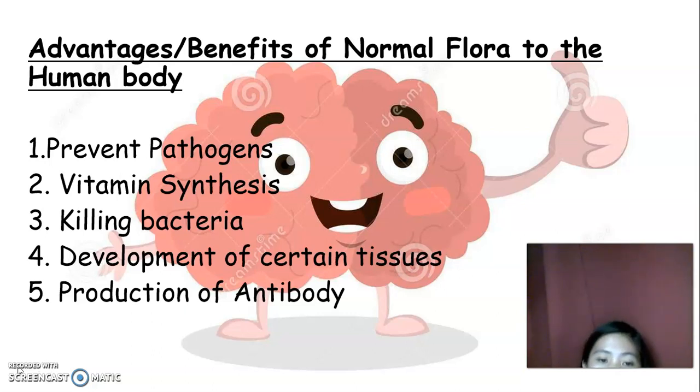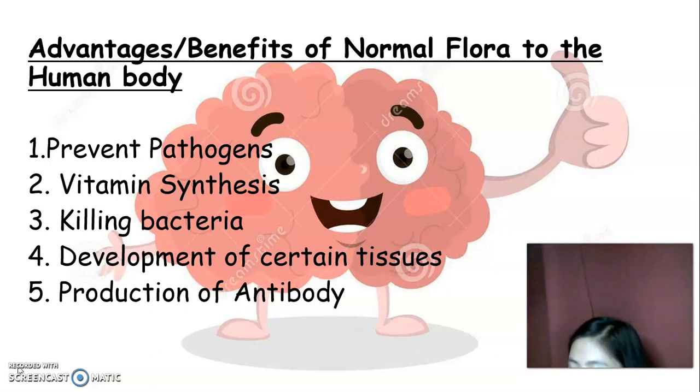Number three is killing bacteria. Some normal flora antagonize other bacteria by producing substances which inhibit or kill non-indigenous species.